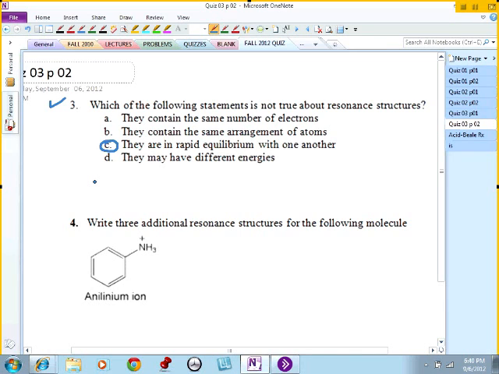It's simply saying that there is something about you that reminds somebody of both of those parents. So resonance is a hybrid, not an equilibrium. So C is the answer here. Did everybody get that right?